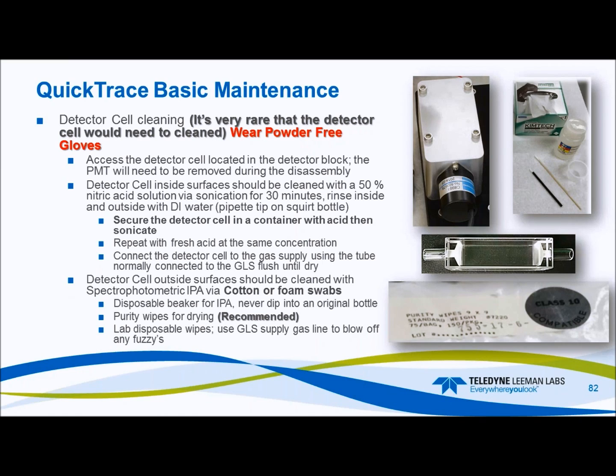But if you do, keep it in control and put it into a test tube, sonicate it for 30 minutes with 50% nitric, rinse it inside and out, again with a pipette tip on a squirt bottle, and make sure it's secured so it's not going to break in that container. Then repeat that with fresh acid and rinse.